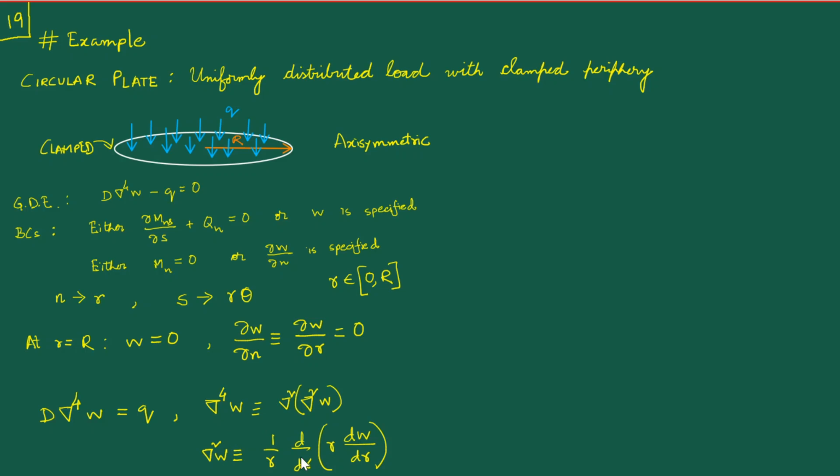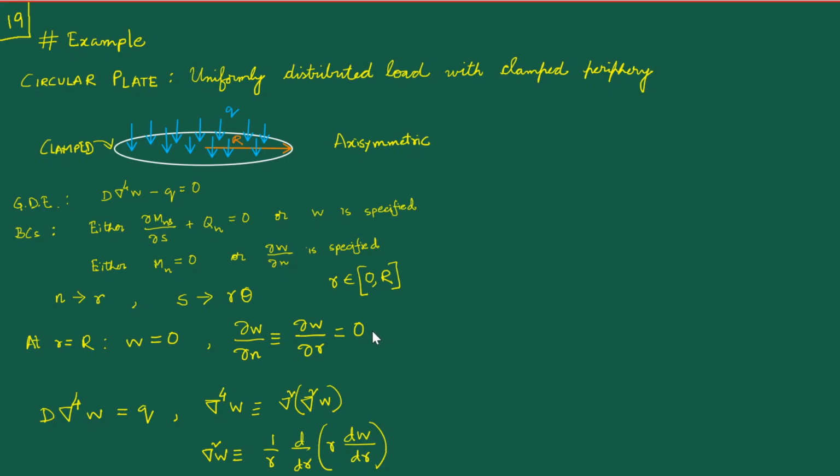That is our independent variable, and it is going from 0 to R, and we have already specified boundary conditions at small r equal to capital R. So what is missing from our framework is the condition which should be written for r equal to 0, that is at the center of the plate. And that is the motivation here for considering some conditions at the center of the plate, that is at r equal to 0.